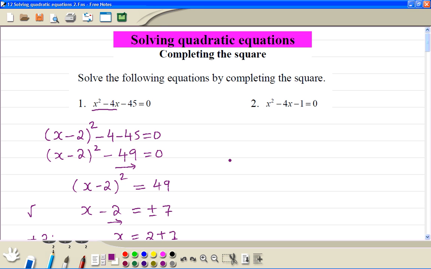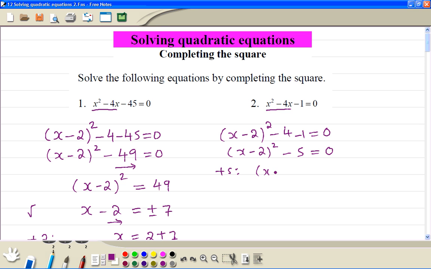Let's do number 2. Complete the square for the first two terms. So we have open bracket x minus 2 all squared, minus 2 squared which is 4, minus 1. Simplify it. Add 5 on both sides.